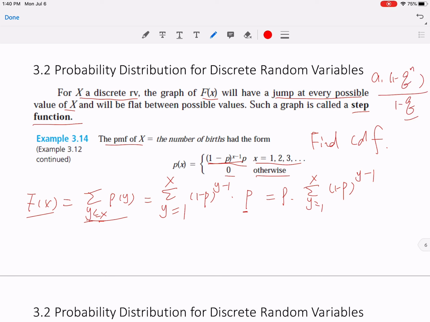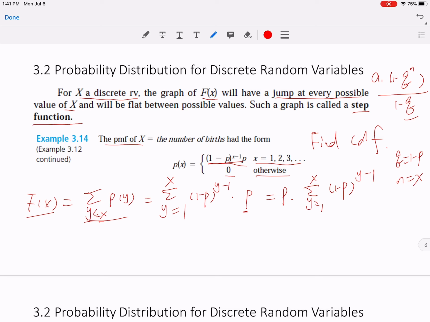The q is a common ratio, right? Now, in this case, the common ratio q is equal to 1 minus p, and n is equal to x, because we have x terms in total.